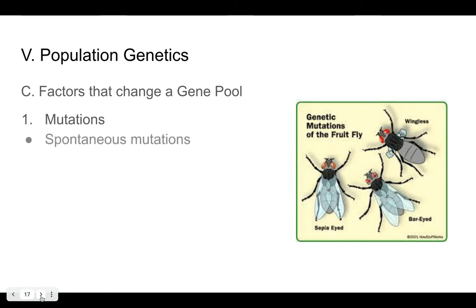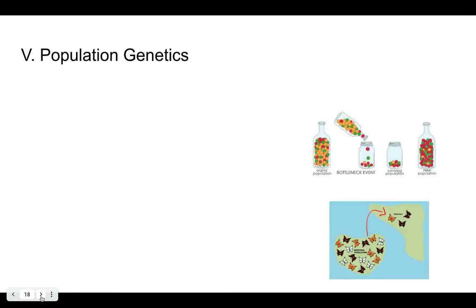And mutations we know because we have talked about DNA. There are spontaneous mutations, those that happen seemingly out of nowhere, and there are mutations that are due to errors in the DNA replication process. So either one of those two options for mutations could change the gene pool.